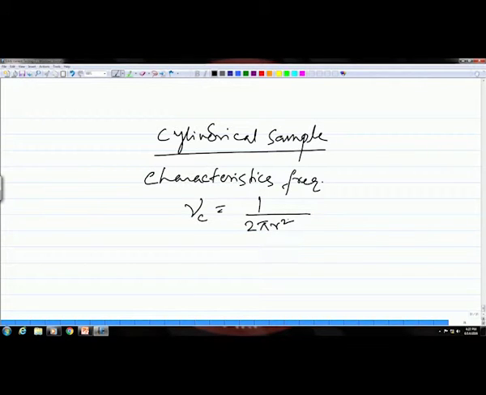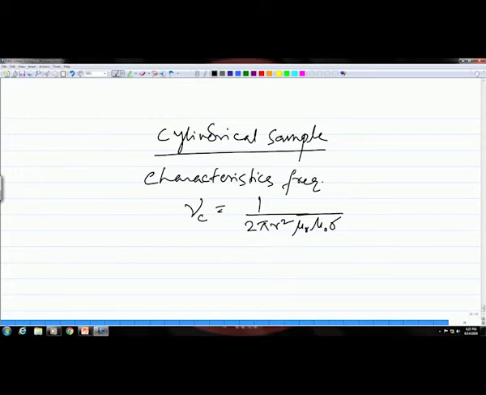So, r is the diameter of the cylinder, and the properties which control the eddy current are mu r and the conductivity sigma.